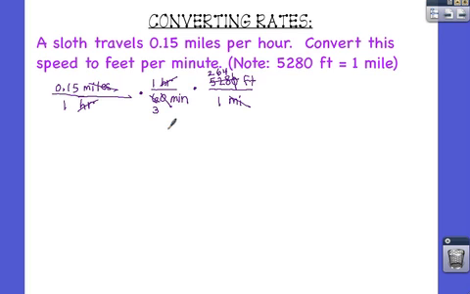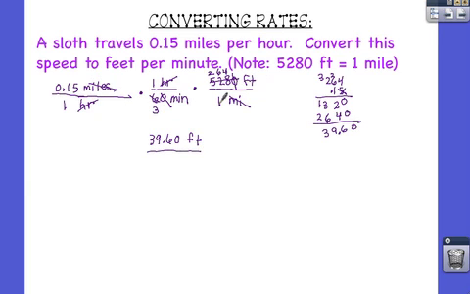At this point, we can go ahead and multiply across our numerator and our denominator. So we have 264 times 0.15 for our numerator. And we get 39.60 feet, since feet is the only unit on the top.